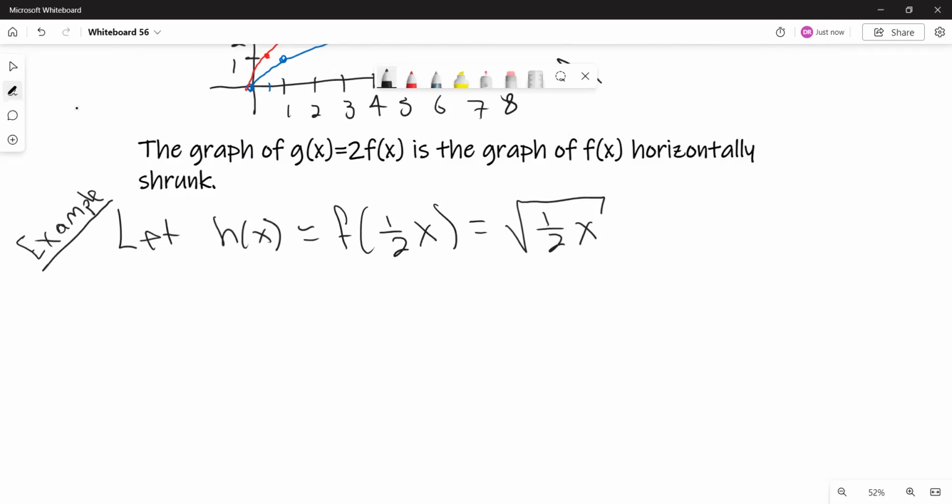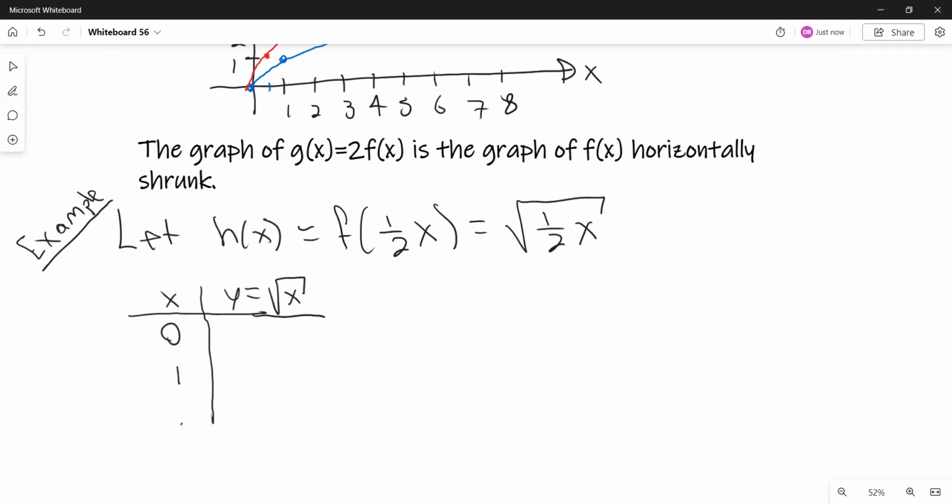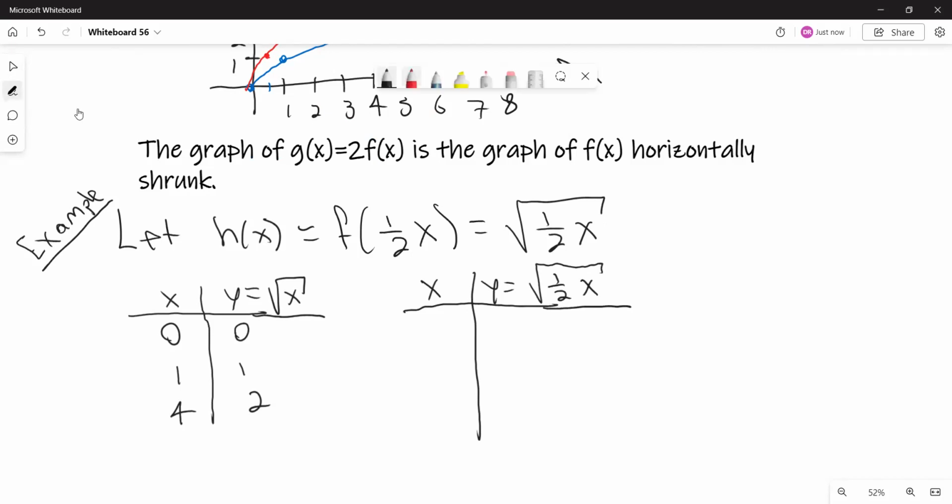We're going to make 2 tables. The first one with the square root function, and the second one with the square root of 1/2 x. Okay, so we want to get integers.